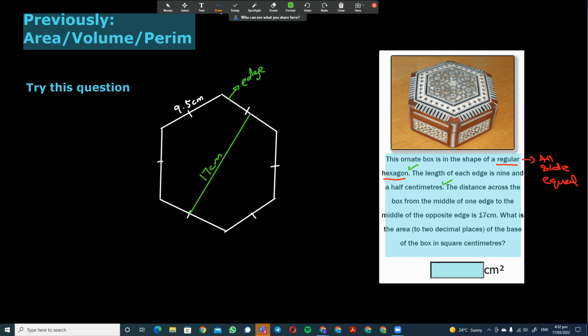So we want to find what will be the area of this entire shape. Now, if I look at this, I've got to try and find different kinds of shapes that I can maybe cut it into. It could be like a diameter, but with a hexagon. That's true.